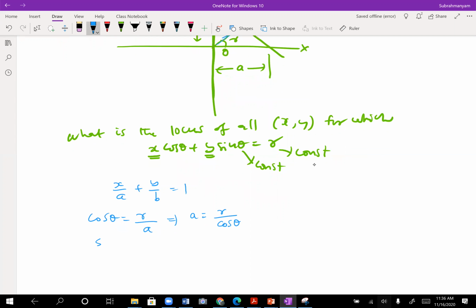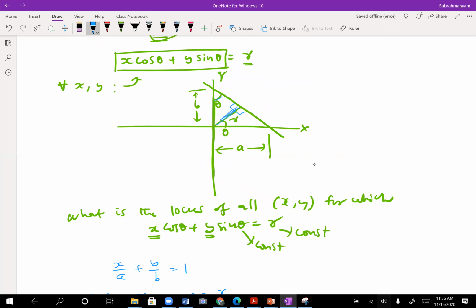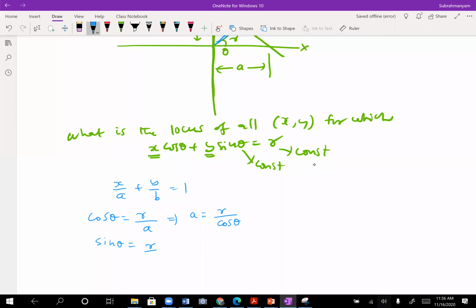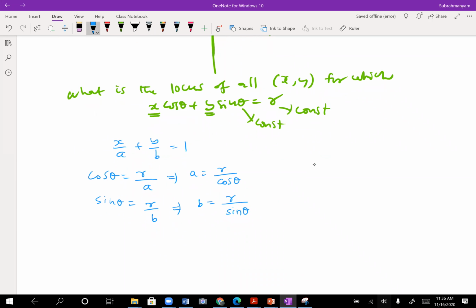And similarly, if I take sine theta, opposite side is R, and diagonal is B. So what you would get here is x by R by cos theta, so x cos theta by R plus y sin theta by R equal to 1. That implies R equal to x cos theta plus y sin theta.